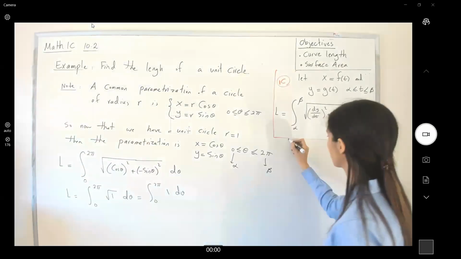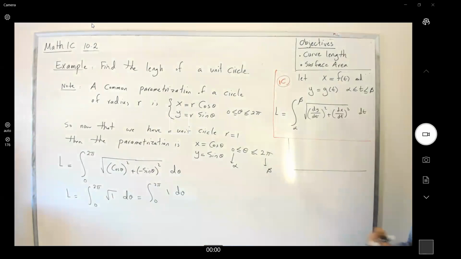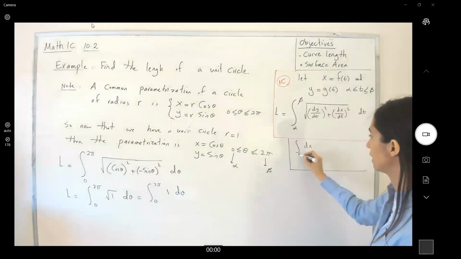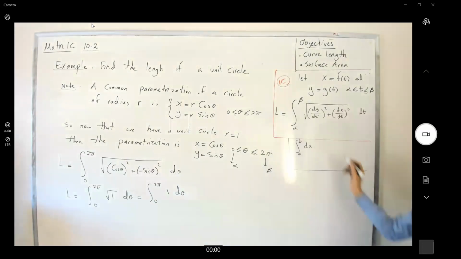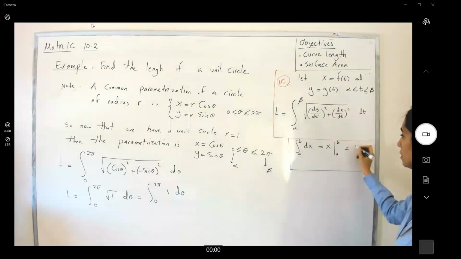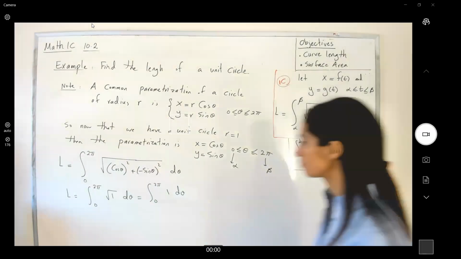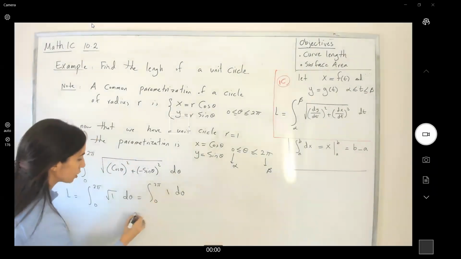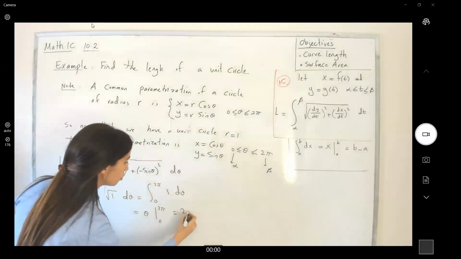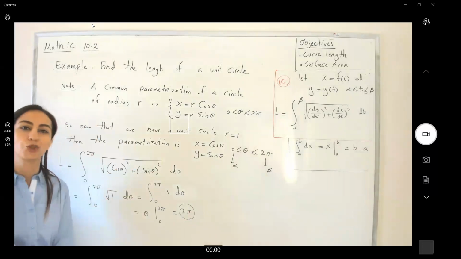Recall that in Math 1B, we learned that the integral of dx, when x is bounded between a and b, is equal to x, where x ranges from a to b, so b minus a. So this is just theta from 0 to 2 pi, which is 2 pi minus 0, or 2 pi.